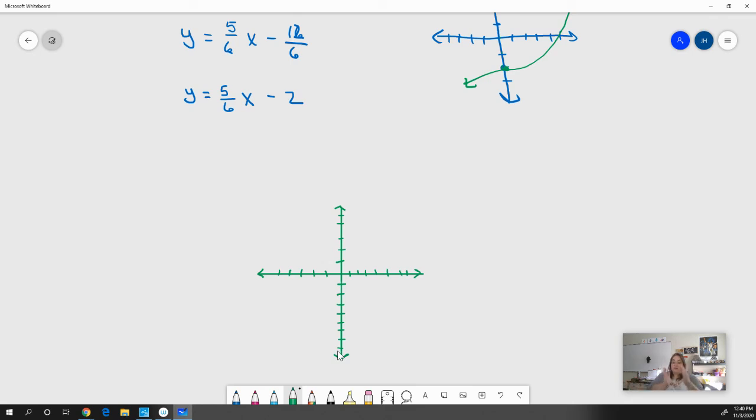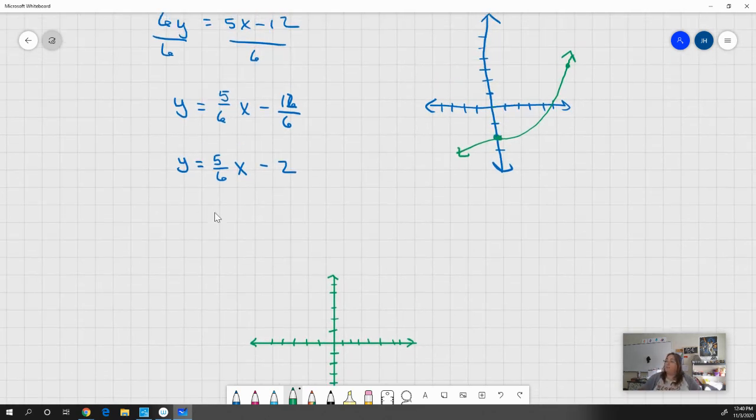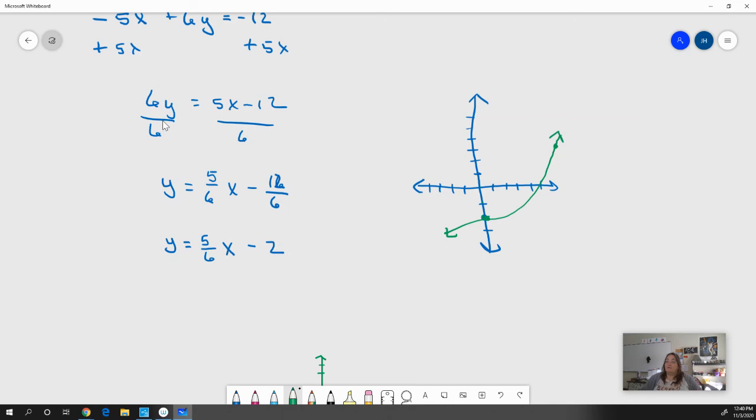Just make sure that your x value is before your number, and it's automatically in slope-intercept form as long as you solve for y. Sometimes you might have something attached to that y, like I did up here. On the last problem that I did, I had to divide by 6.